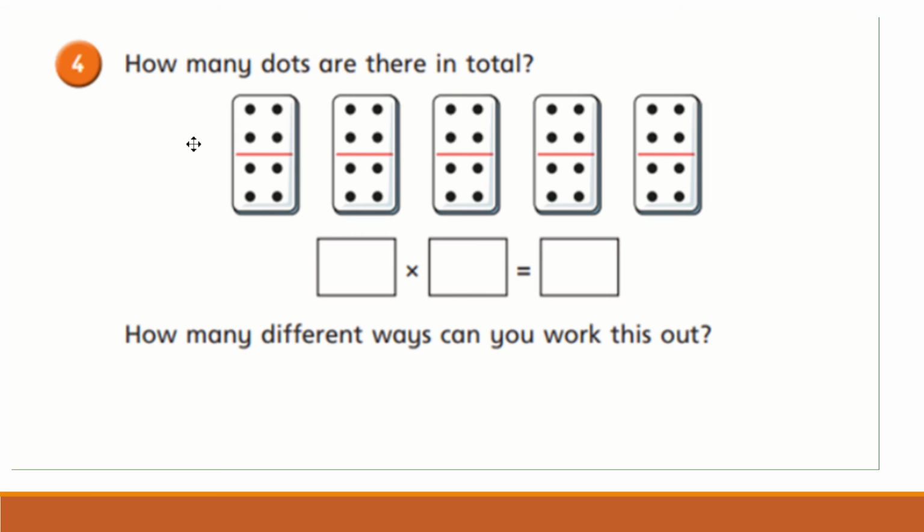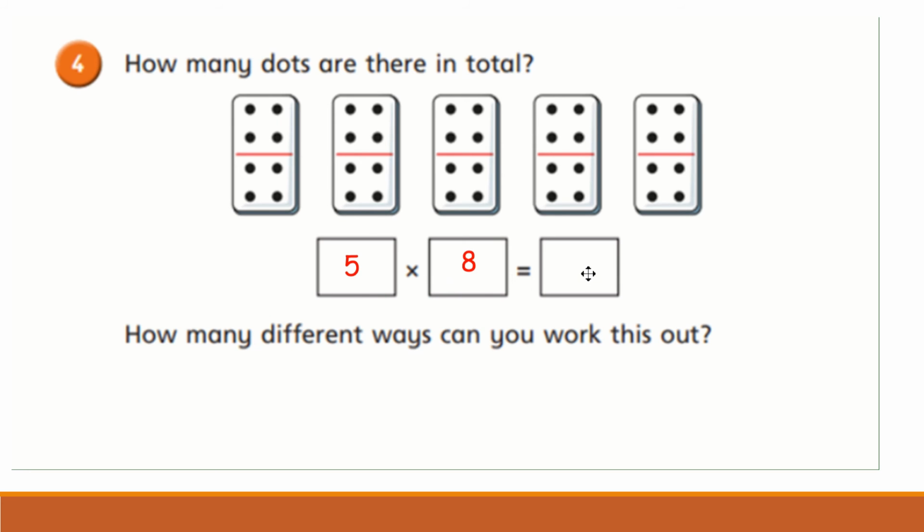And question number 4, how many dots are there in total? We can see that there are 1, 2, 3, 4, 5 groups or 5 sets. And there are 2, 4, 6, 8 in each, or 8 dots on each.